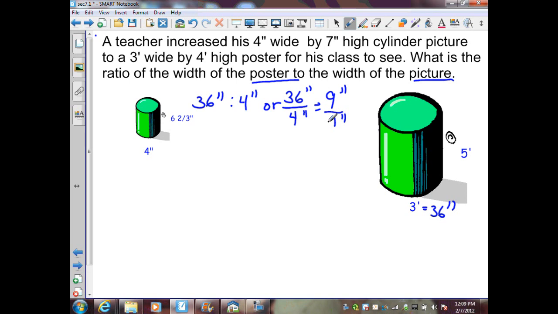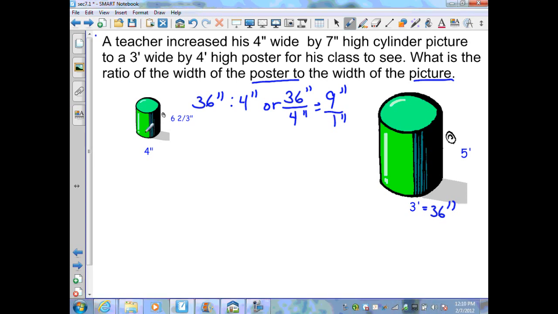I could do that also with the height of these cylinders, comparing the poster to the picture. And if I did it in that order, poster to picture, I would have, again, my poster, which is going to be 5 foot. When I convert that to inches, I'm going to have 60 inches.